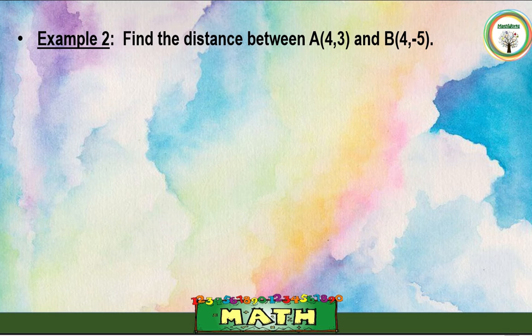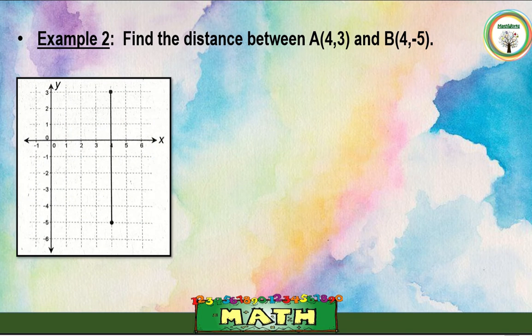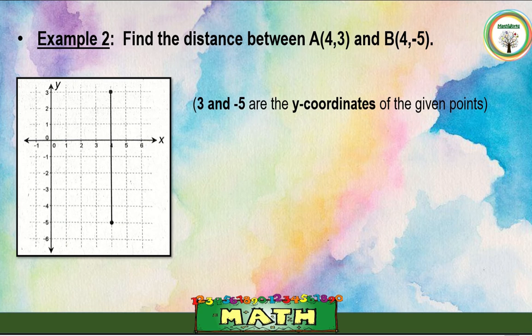Next, find the distance between point A (y = 3) and point B (y = negative 5). So as illustrated, the 2 points are aligned vertically. So 3 and negative 5 are the y coordinates of the given points.